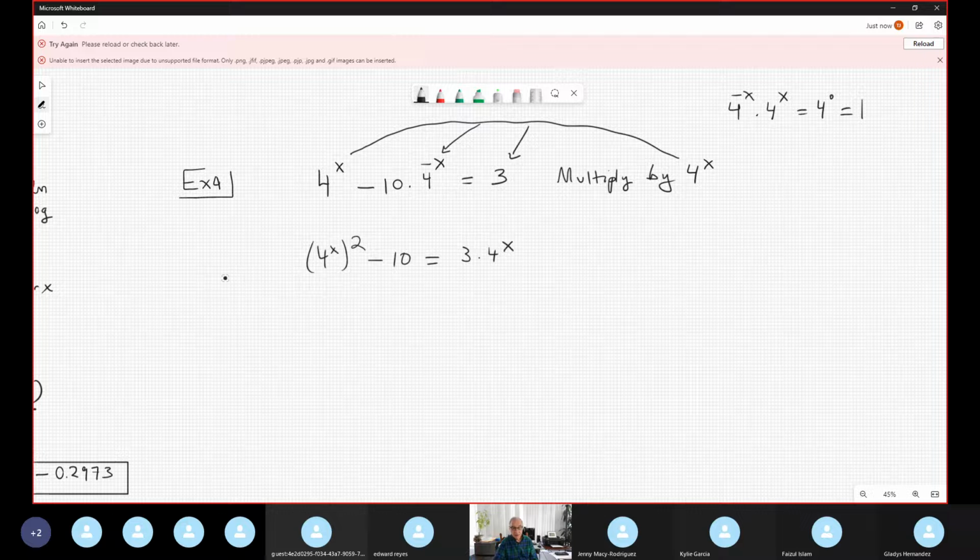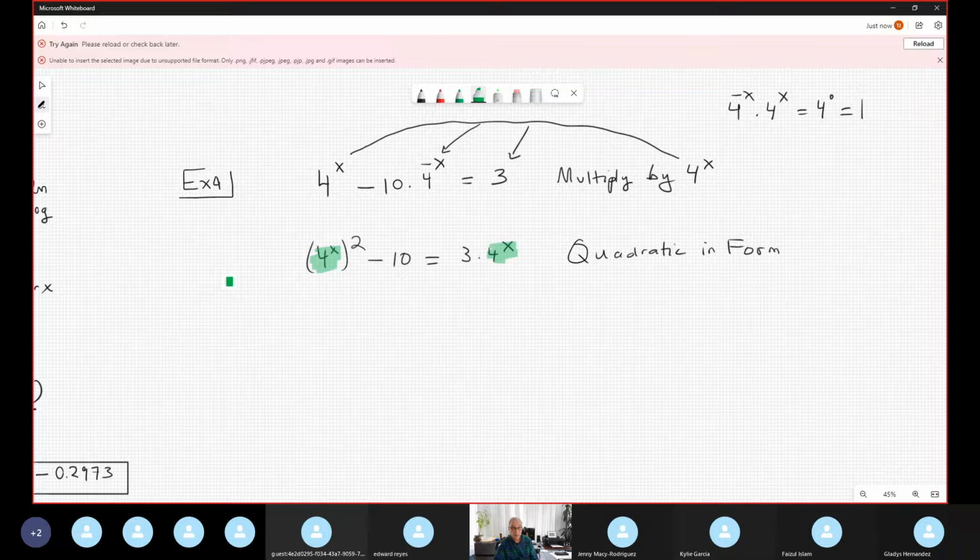Wow. And this equation looks similar to the equation that we studied before, the quadratic in form. How do you know that? Because we have one expression squared, power 2, and the same expression, power 1.